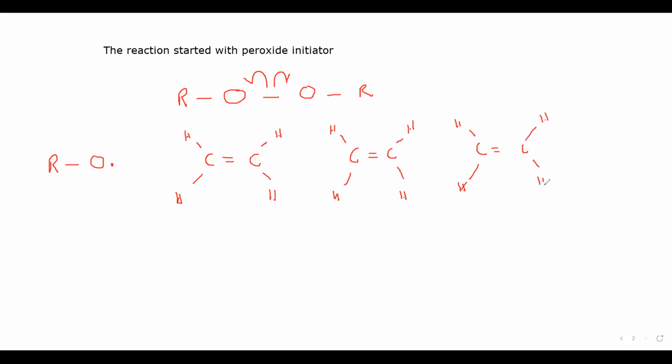Now how does this reaction occur? This oxygen will try to form a bond with this carbon. If I show the electrons here instead of showing the full bonds, just to distinguish, I'm using electrons of one carbon with dots and another with crosses.